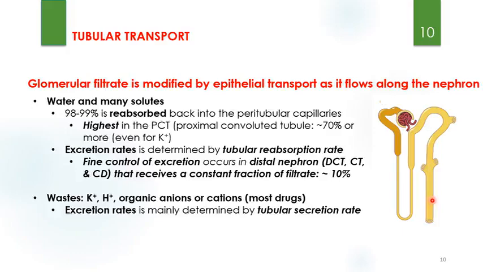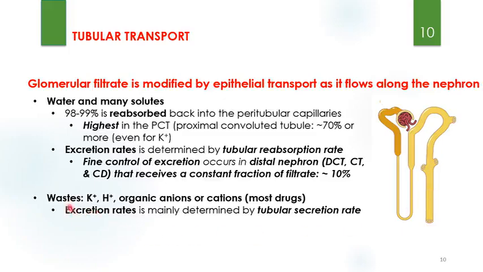Somehow a constant fraction of filtrate reaches the distal portion of the nephron. About 10% of glomerular filtrate reaches the distal portion of the nephron, and over there it is determined how much is reabsorbed for a given substance and how much remains inside the tubule.